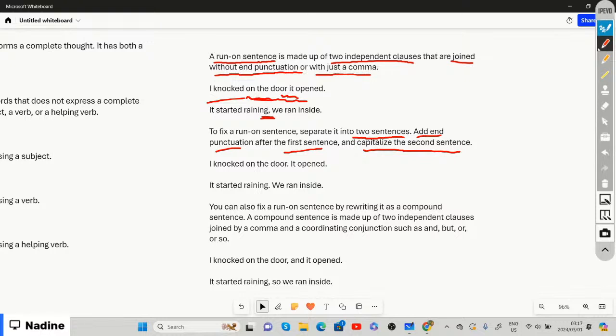If we separate those two sentences, then it says, I knocked on the door. That is our one sentence. It opened, and that is our second sentence.